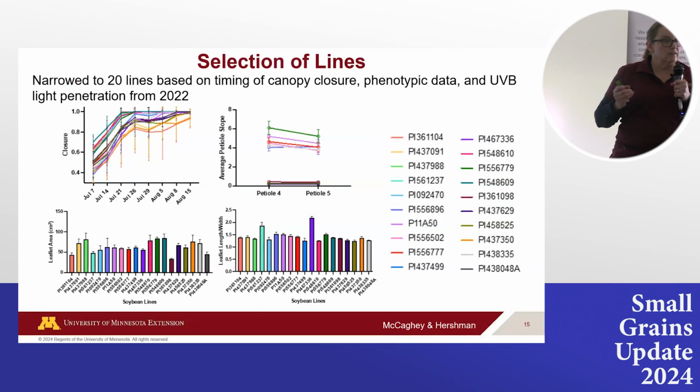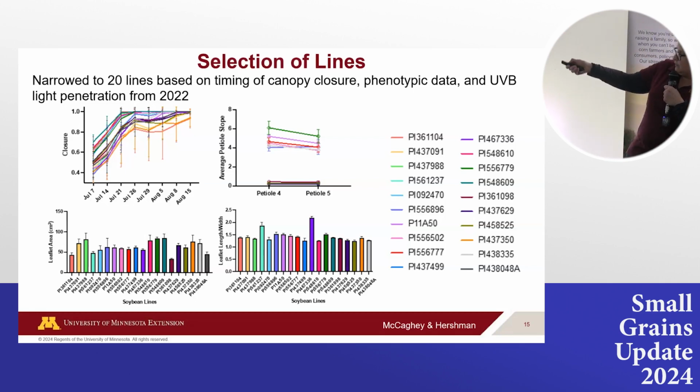So what they did is they looked at 150 different soybean lines, and then they narrowed that down to 20 different lines. And those 20 lines are all listed out here. They all have different colors, and each of these graphs, all those colors are represented.